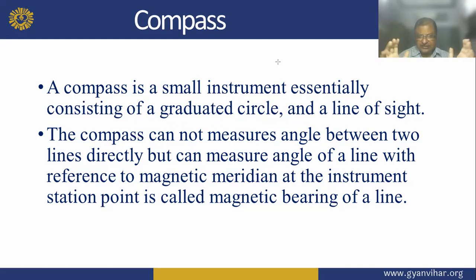The compass cannot measure the angle between two lines directly, but it can measure the single angle of a line with reference to the magnetic meridian at the instrument station point, which is called the magnetic bearing of the line.